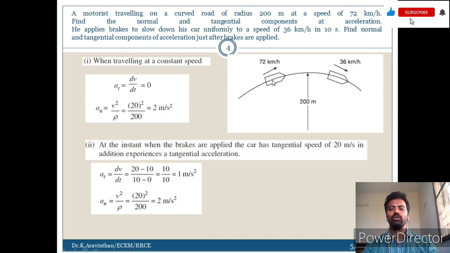And from 72 kilometer per hour to the reduction to 36, the time taken is 10 seconds. So that is why the time here is 0 to 10, that is 10 seconds. If you divide these, you will be getting at. Now we got the tangential and normal components.